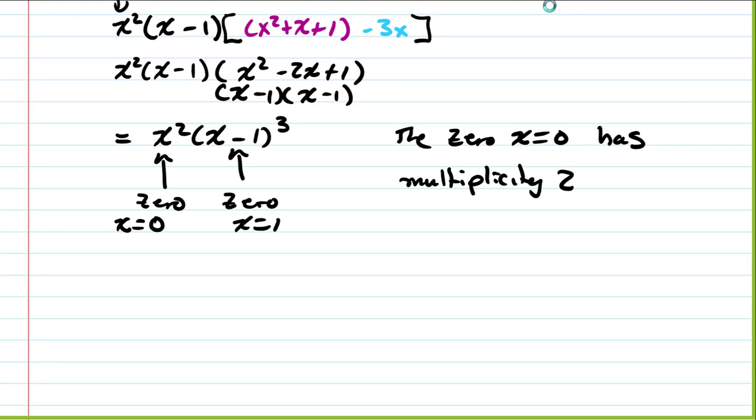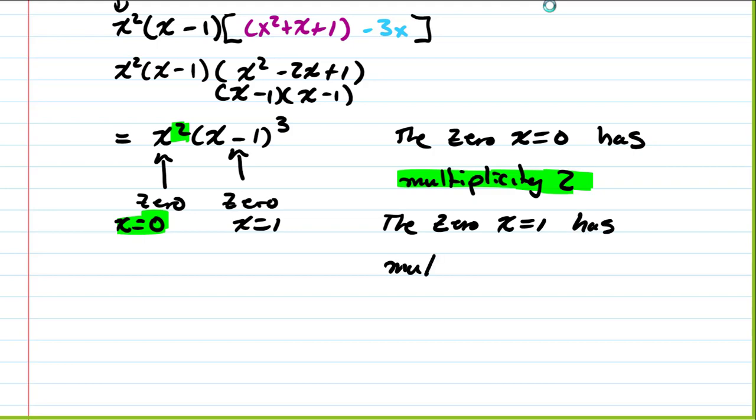And that comes from the exponent. And the 0, x equals 1, has multiplicity 3.